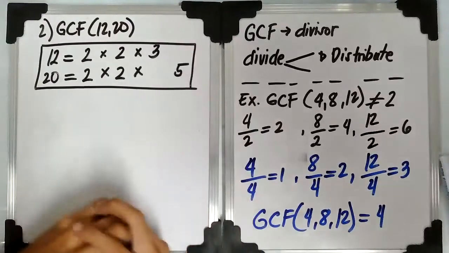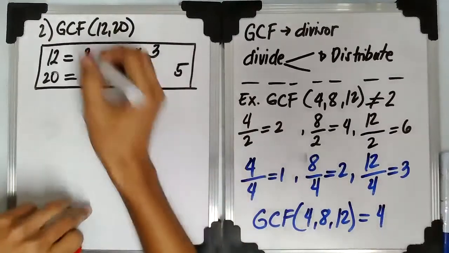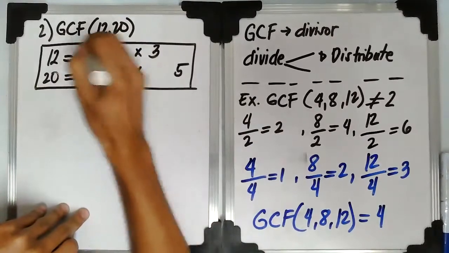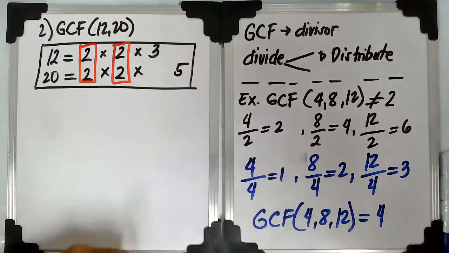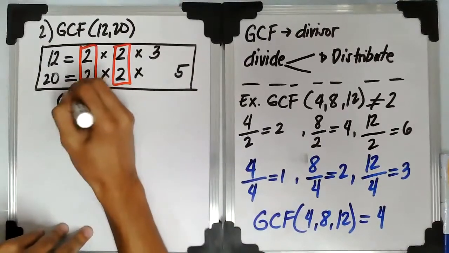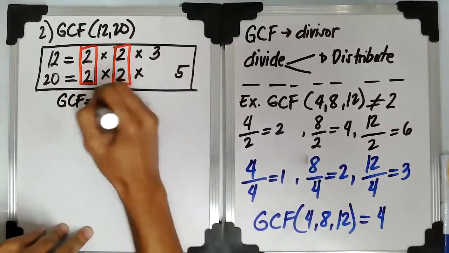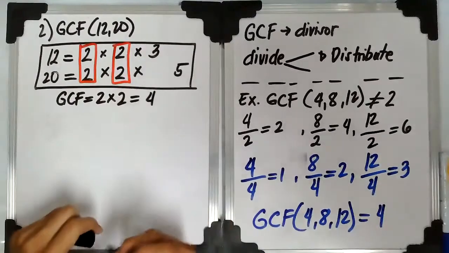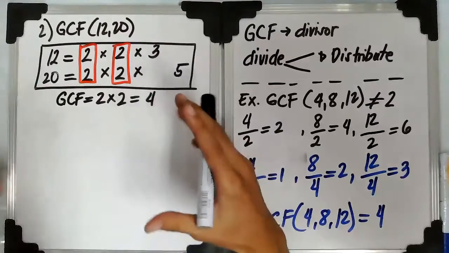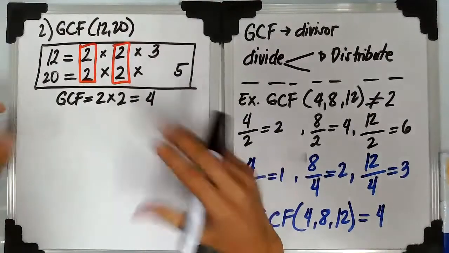They have common factors which are 2 and 2. So your GCF here will be 2 times 2, which is equal to 4. It means 12 and 20 have a factor in common, which is 4.